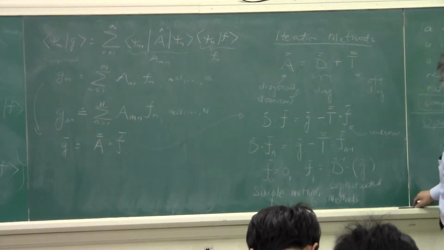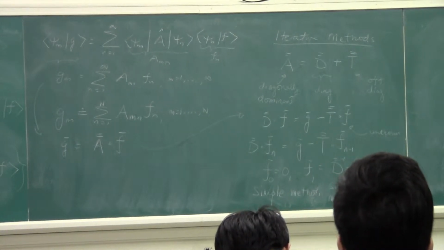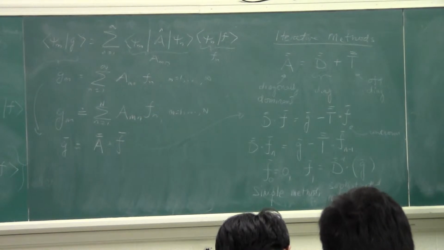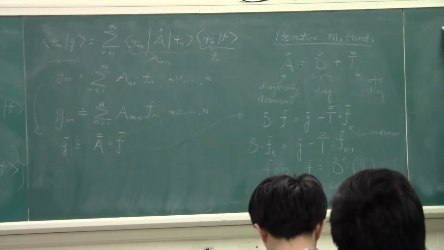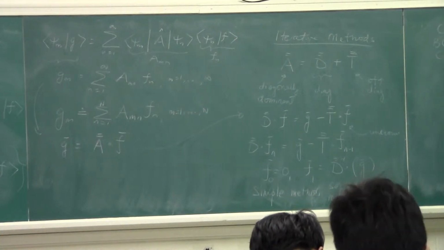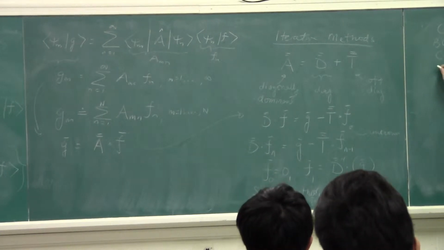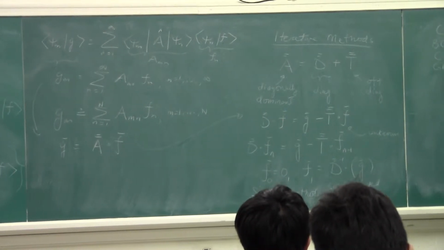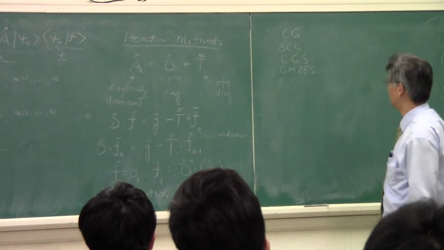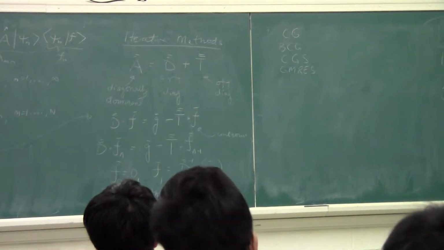And mathematicians have actually spent a lot of time working on very many different kinds of iterative methods to solve matrix systems, which are CG, BiCG, CG squared or CG stabilized, GMRES, and all these are alphabet soup for solving the matrix system iteratively.